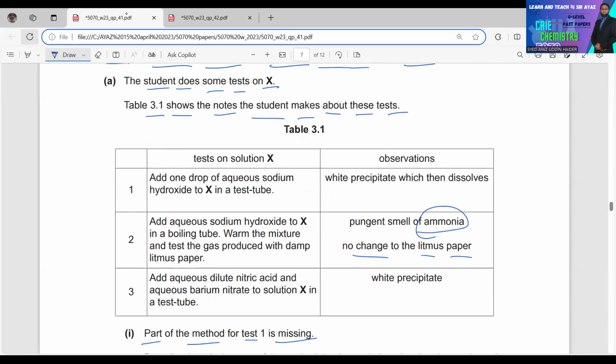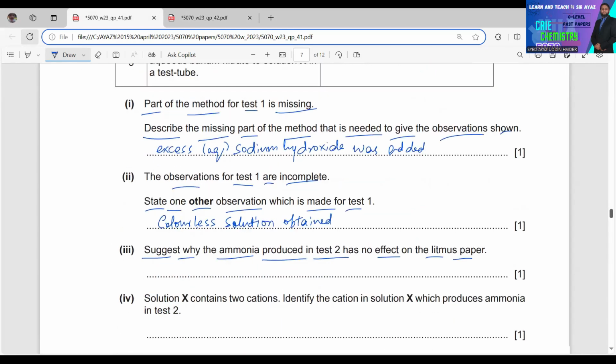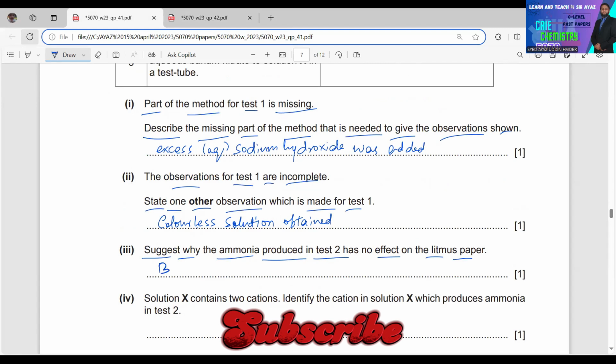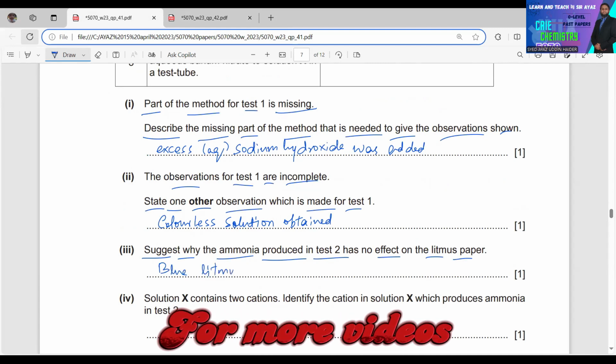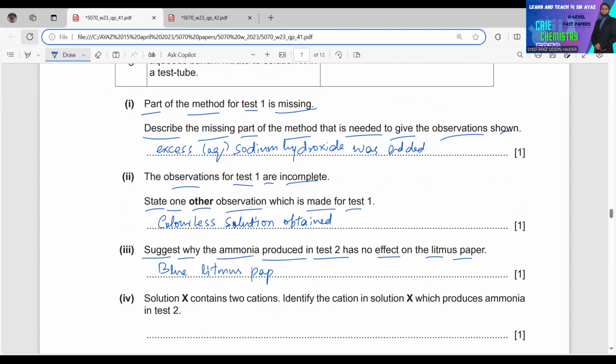So the litmus paper must be blue in color. That's why there is no effect on the litmus paper. So you can write: blue litmus paper was used.